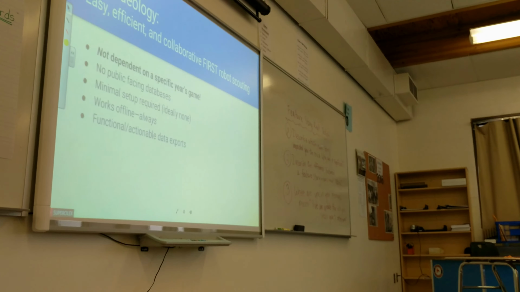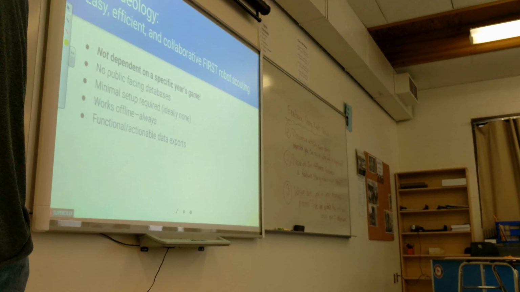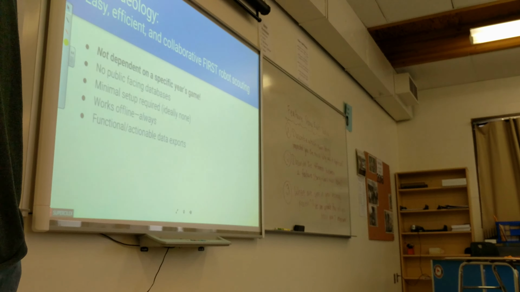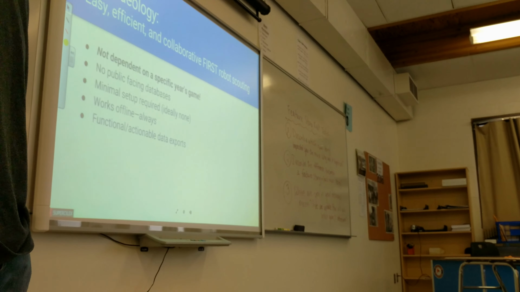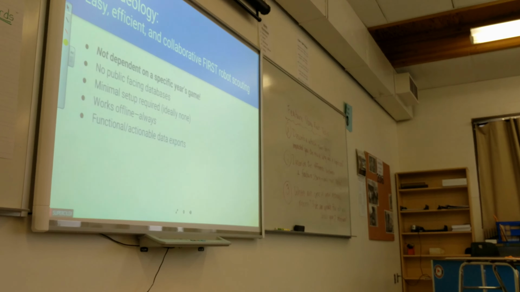So to start, the basic idea with Robot Scouter was just to make things really simple. Our team started out with paper. Paper's not great. It's messy to organize. So I was looking for existing solutions, and some of them I liked, but they felt kind of clunky.